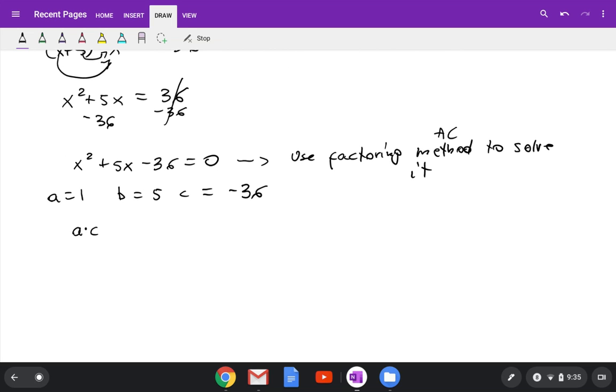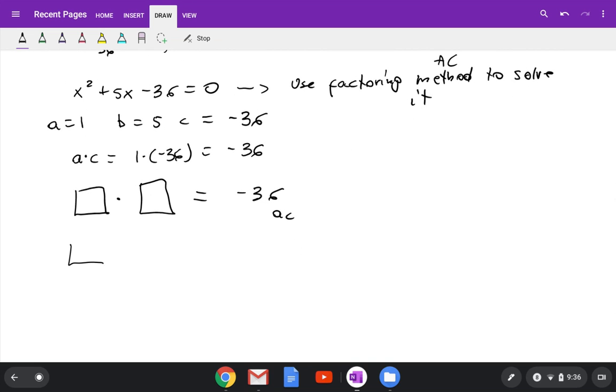So A times C is 1 times negative 36, which will give you negative 36. Find two integers which by multiplication will give you negative 36, and the same two integers which by addition give you B. In our case, B is equal to 5. So what's going to work? 9 and negative 4.